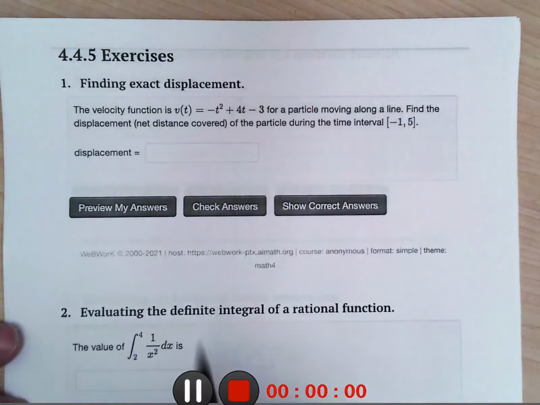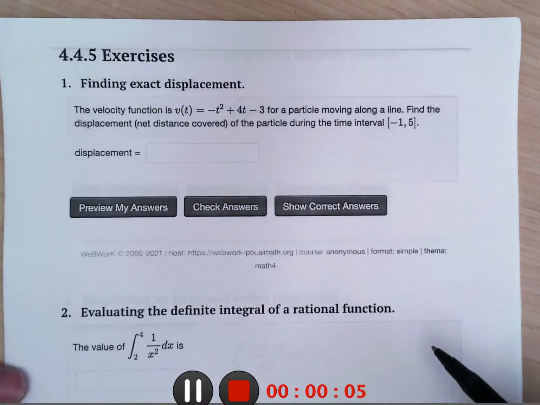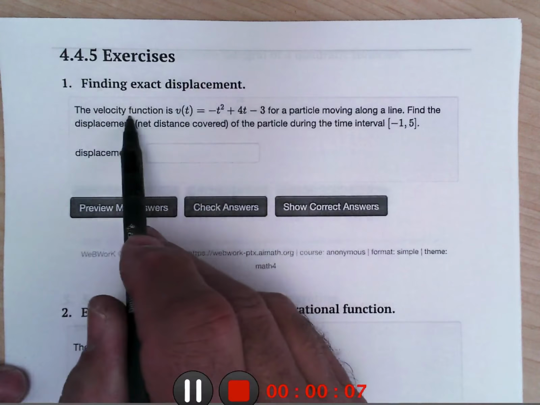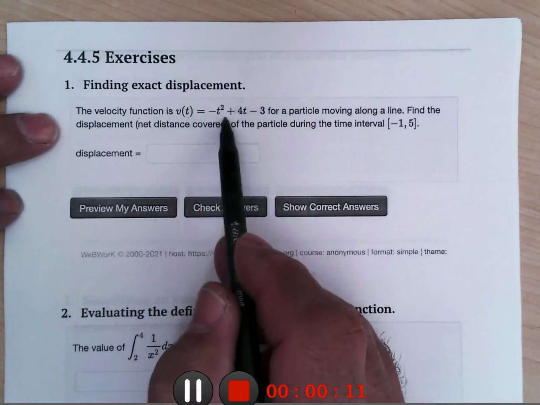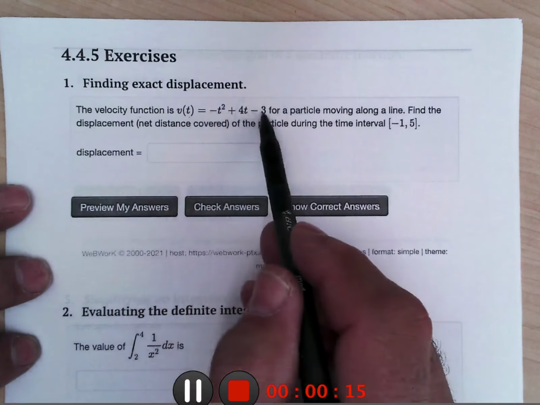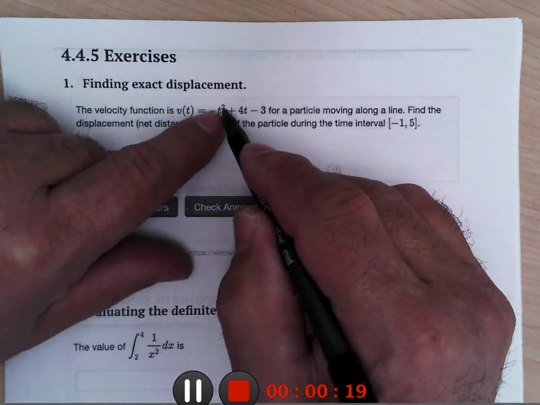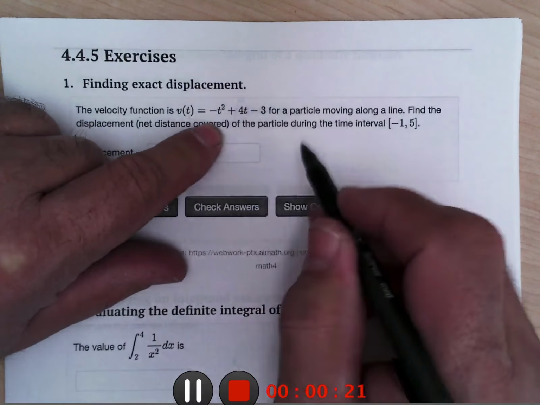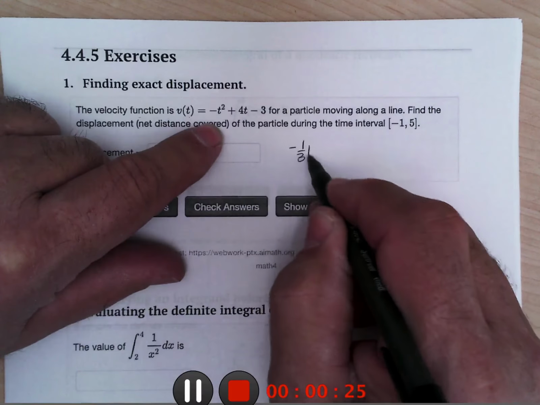This is 4.4.5. Finding the exact displacement, and if this is the velocity, it'll be the antiderivative of this evaluated from -1 to 5. So the antiderivative of this would be, if I raise the 2 to a 3 and divide by 3, negative 1/3 t to the third.